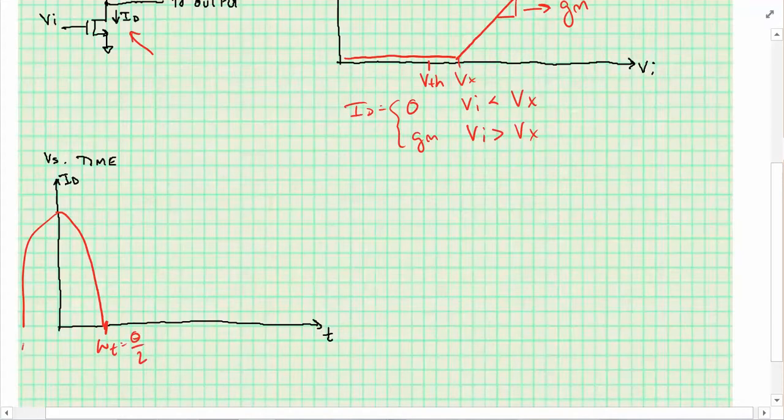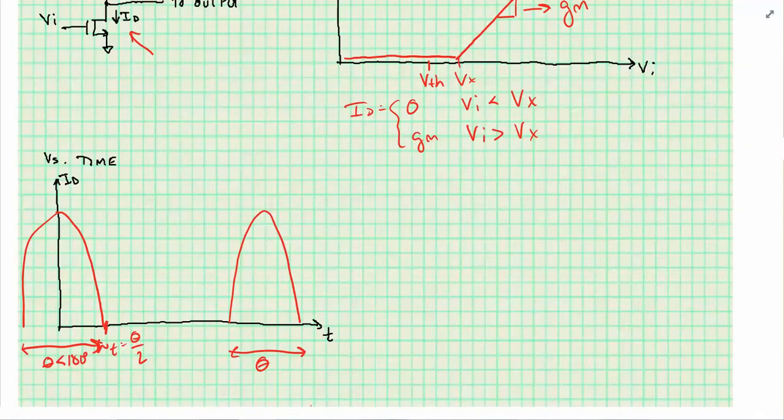And remember, the full conduction angle, theta, is less than 180 degrees. That's what defines it as a Class C amplifier. We're assuming this is periodic, so it would repeat in time. So if we see up to that conduction angle of theta over 2, we can start doing some derivations.